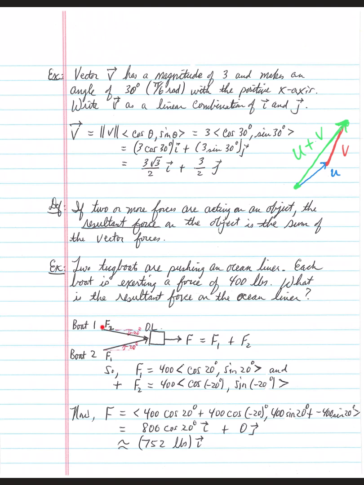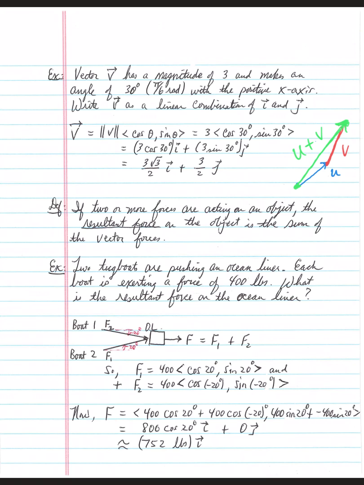Force 2 is pushing this way or downward from the path of the ocean liner. So it's going to be 400 pounds exerted by that other tugboat, cosine of negative 20 and sine of negative 20. And again, from the positive x-axis, that force is down 20 degrees.